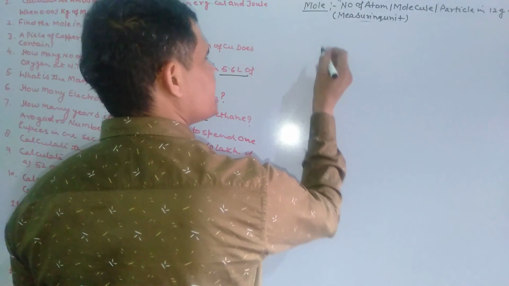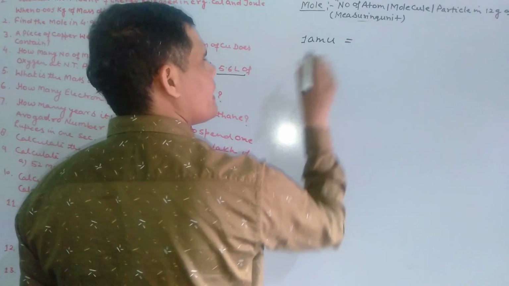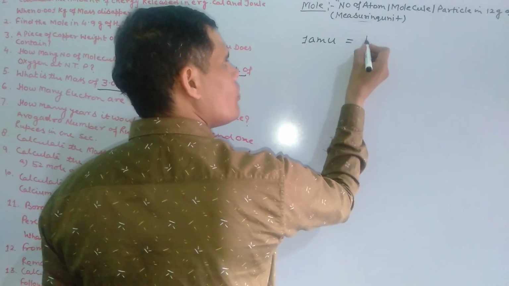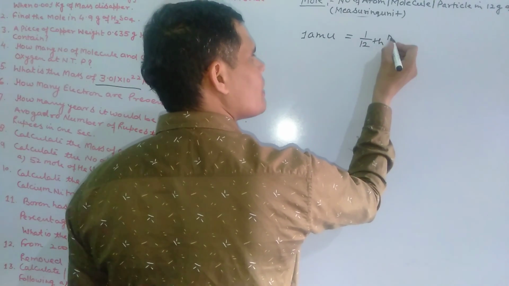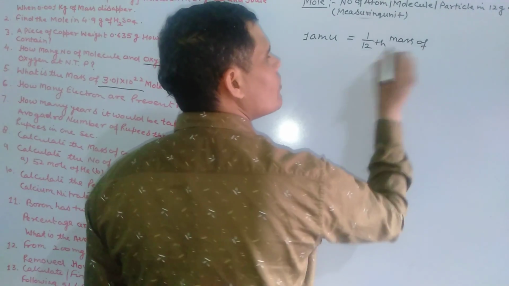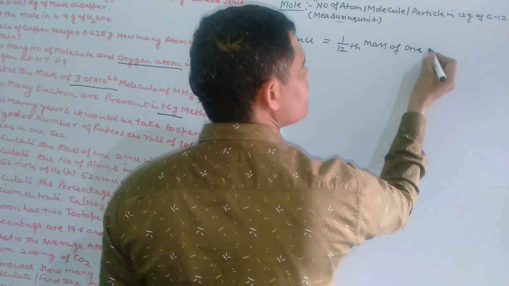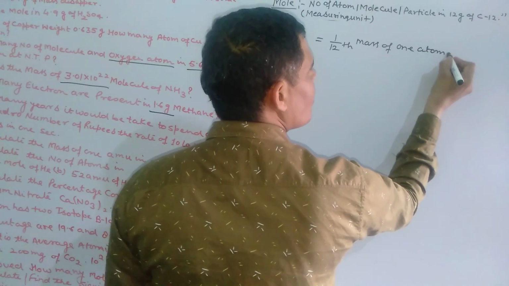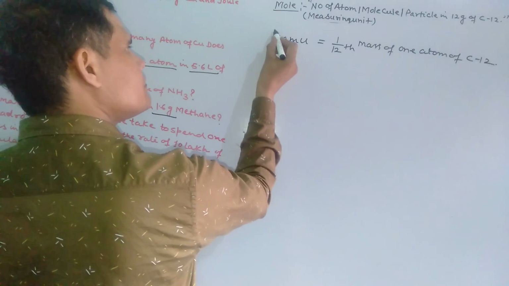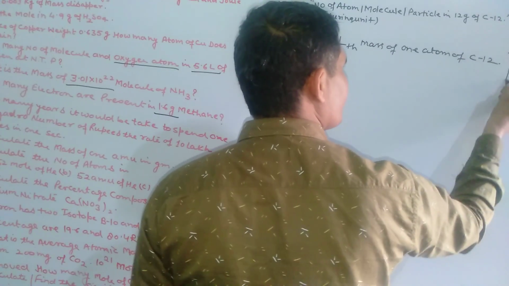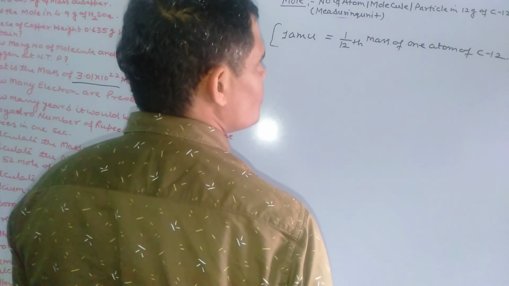We know that as the definition, 1 atomic mass unit is the 1/12th part of mass of one atom of carbon 12. That is the definition of 1 AMU, 1/12th mass of one atom of carbon 12.